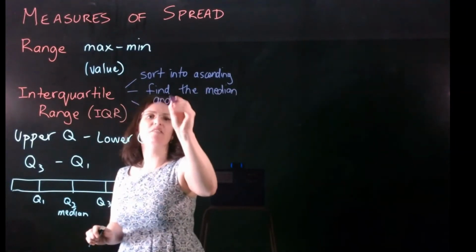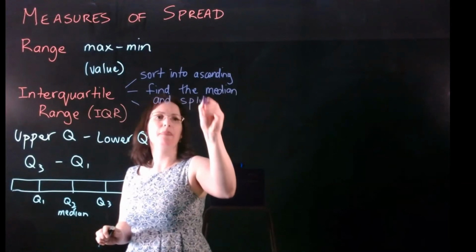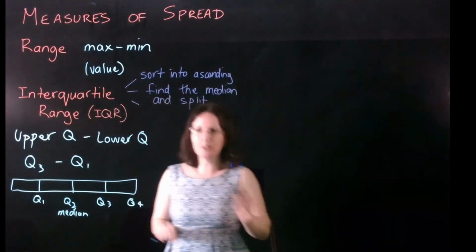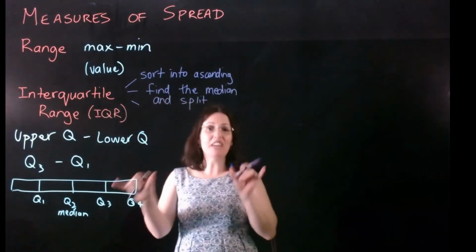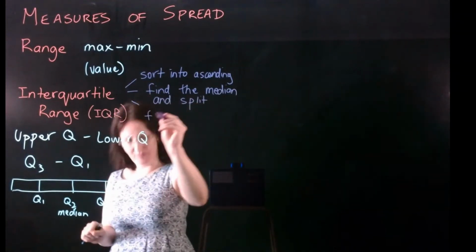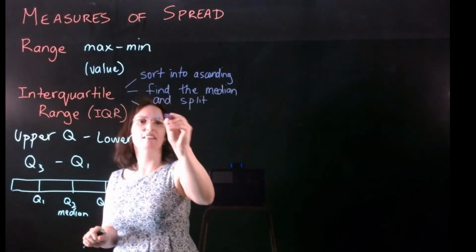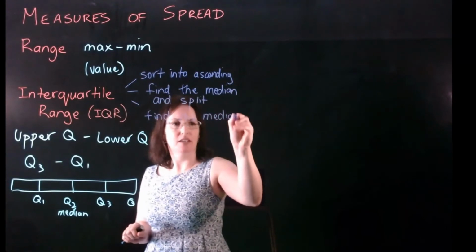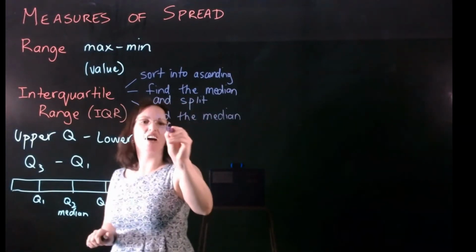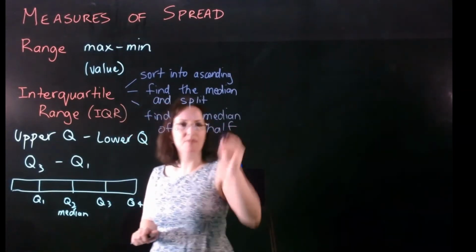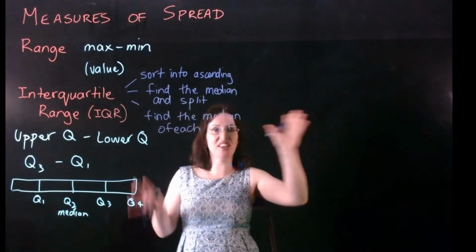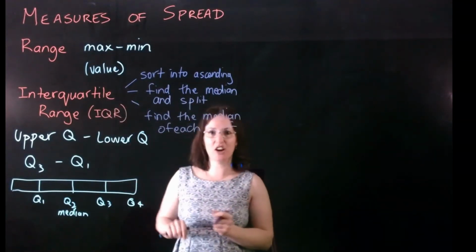So find the median and split. And then last of all, you're finding the middle number of each of those 2 halves. So we're saying find the median of each half.